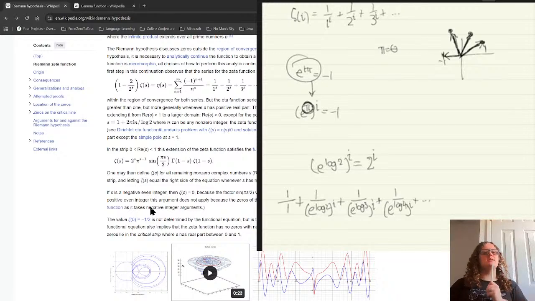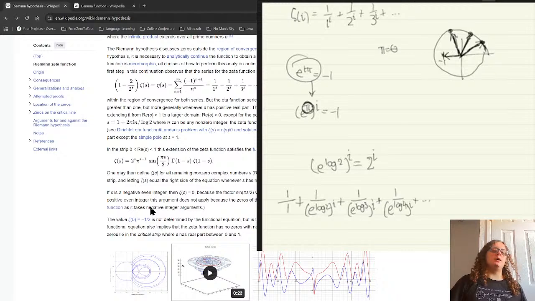I'm starting to see why the real part matters so much, though, because the imaginary part just determines where you are on the circle, right? The imaginary part determines the angle.